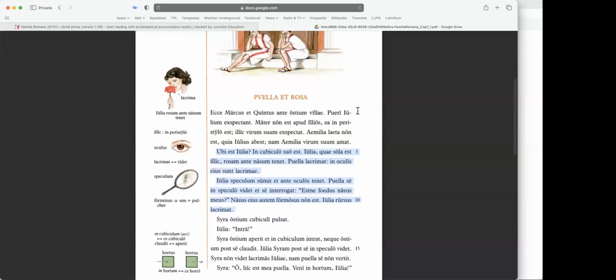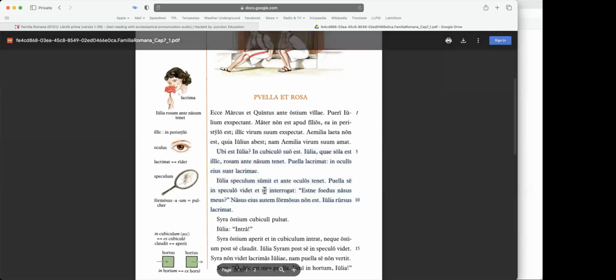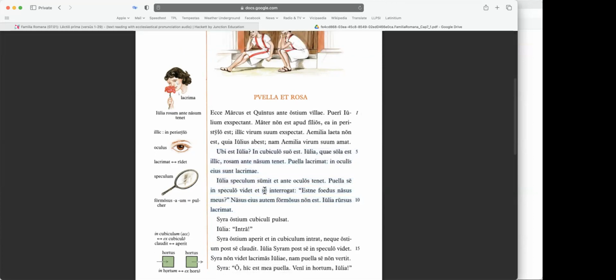Well, I got confused when I first read this because in the companion, maybe I misinterpreted it, but it seems to suggest that se was for masculine and sibi was feminine. Here we're using se for herself and not masculine, obviously. All right, let's talk about that.